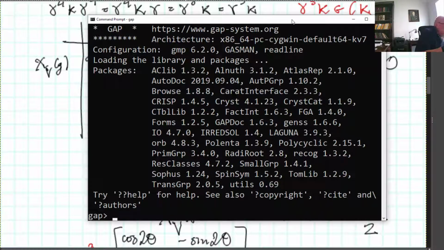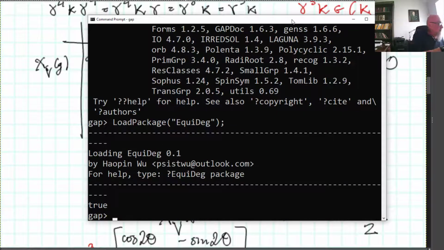I just simply load the package EquiDeg. Is it correct? Check it. Yes, and now put here G is equal to the dihedral group 5.